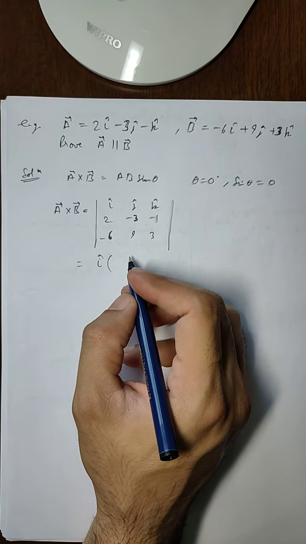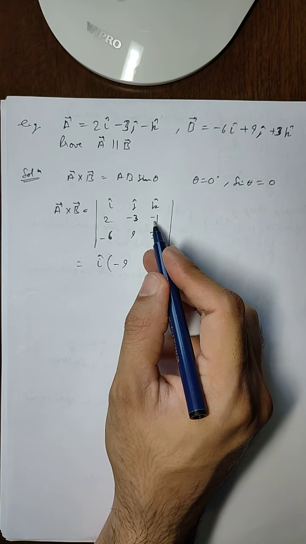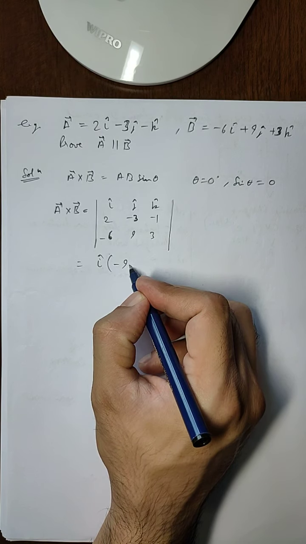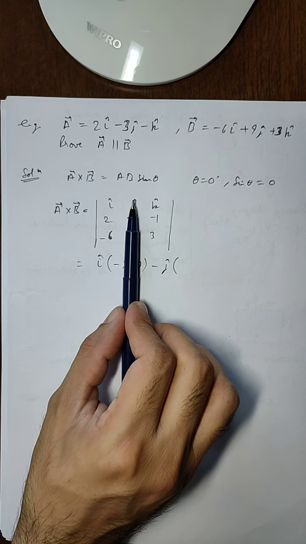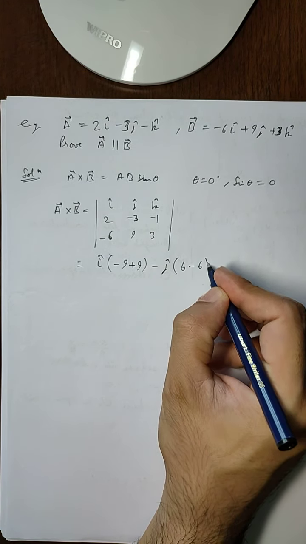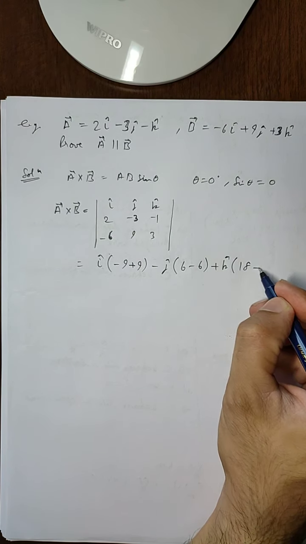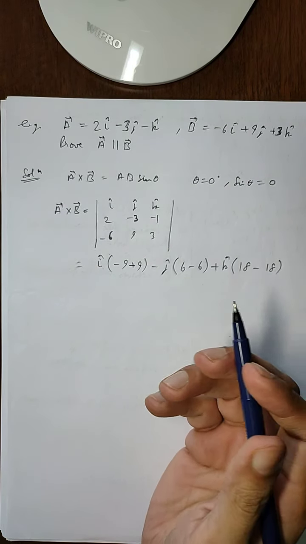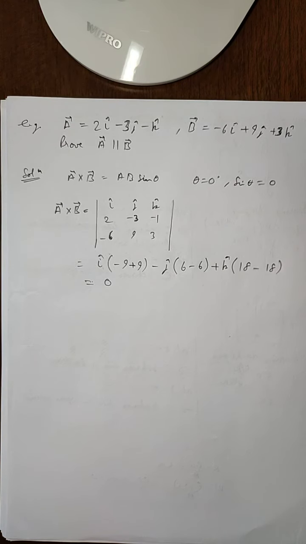Minus 3 into 3, minus 9, minus of 9 into minus 1, so 9 into minus 1 is minus 9, and there is a minus outside, so it will be equal to plus 9. Minus j cap, 2 into 3 is 6, and minus 6 into minus 1 is 6, and there will be a minus between them, so 6 minus 6. Plus k cap, 18 minus 18. Now as you can already see, the brackets will become equal to 0, so the entire thing will be equal to 0, and hence we can say that A and B are parallel to each other.